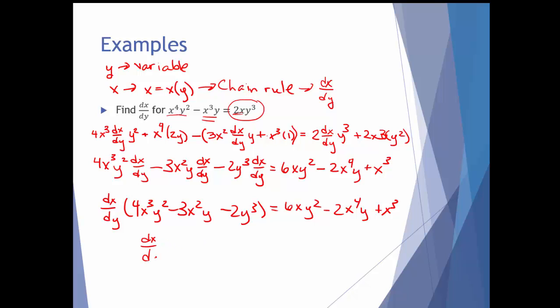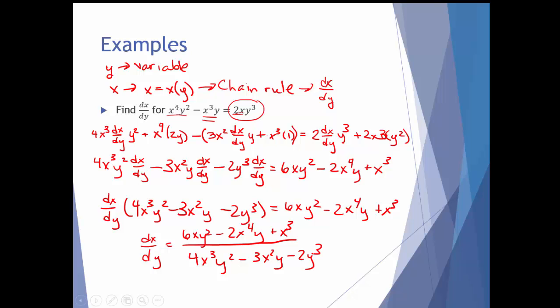So dx dy is going to be equal to 6xy squared minus 2x to the fourth y plus x cubed, all divided by 4x cubed y squared minus 3x squared y minus 2y cubed. That is my derivative of x with respect to y.